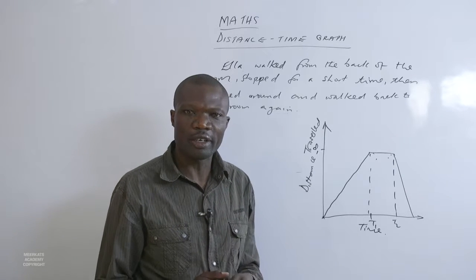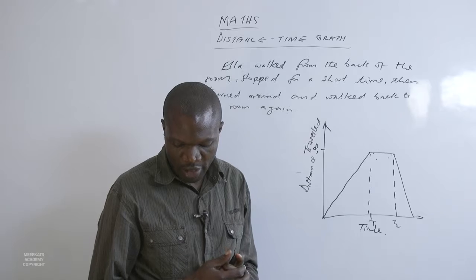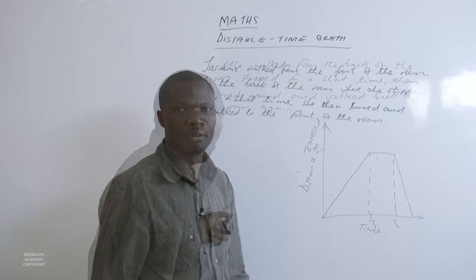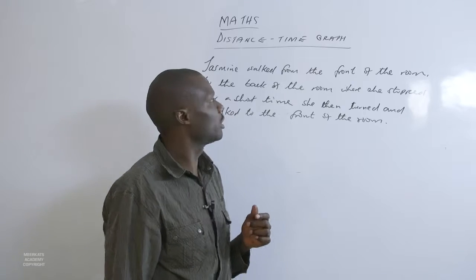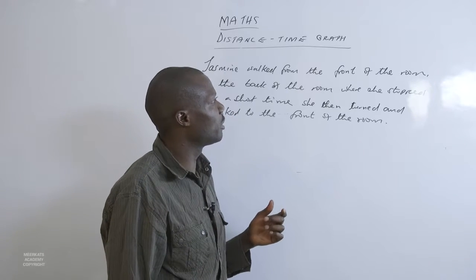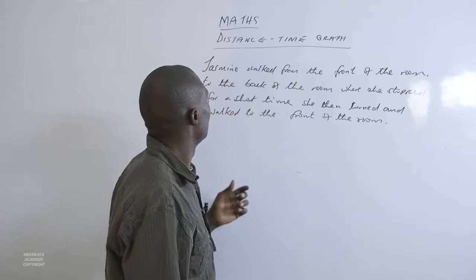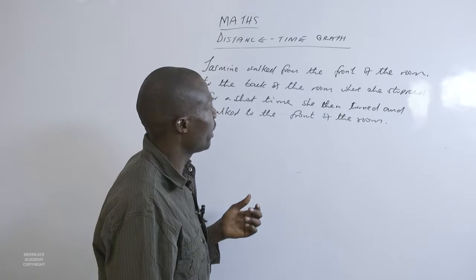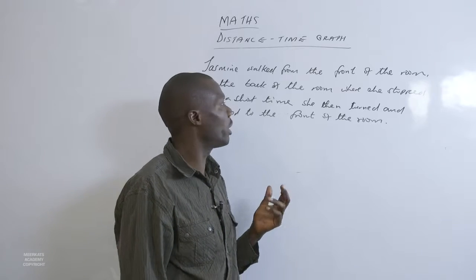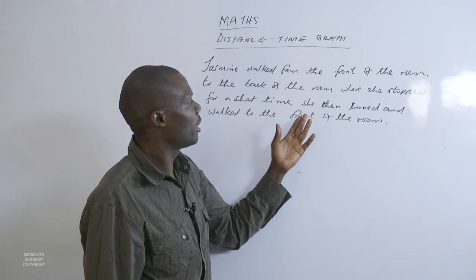Let us look at another situation and interpret. Jasmine walked from the front of the room to the back of the room, where she stopped for a short while or short time.